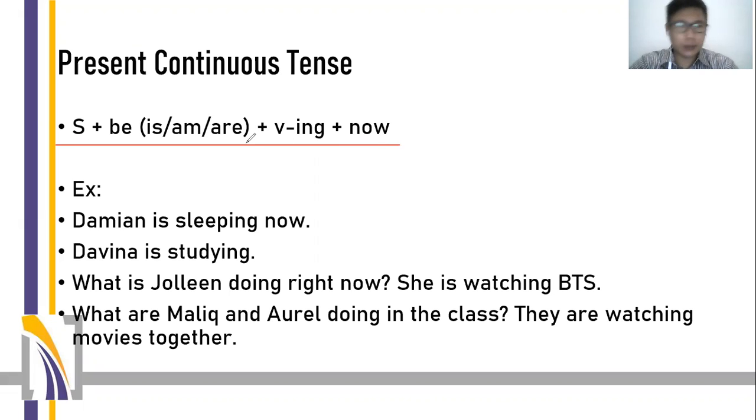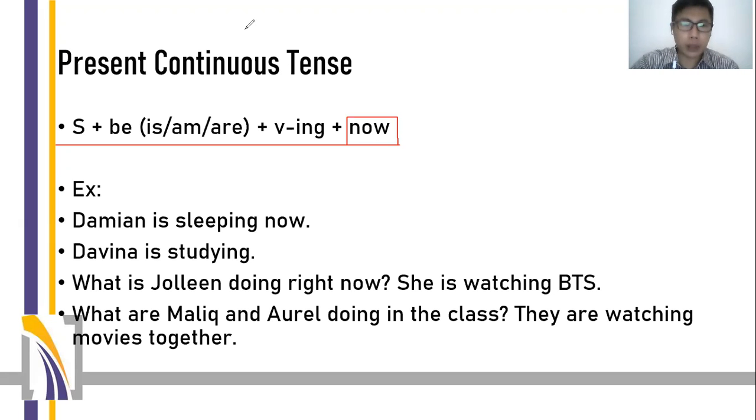It's the subject, with the be, we use is, am, and are, and then the verb ing. The word now here is supposed to be the time. Usually present continuous tense happens right now. It's still happening right now. We usually don't need to use the word now.